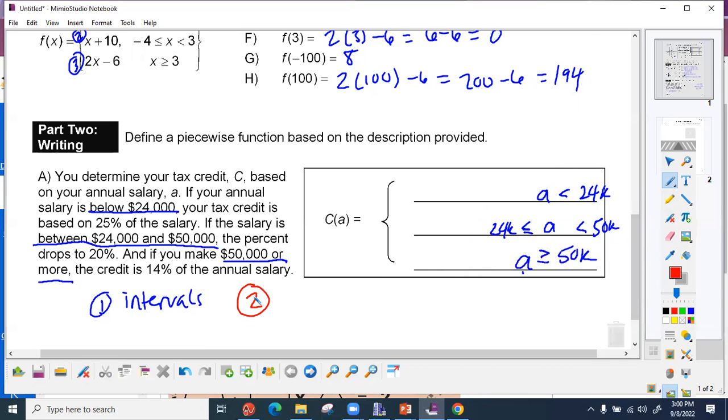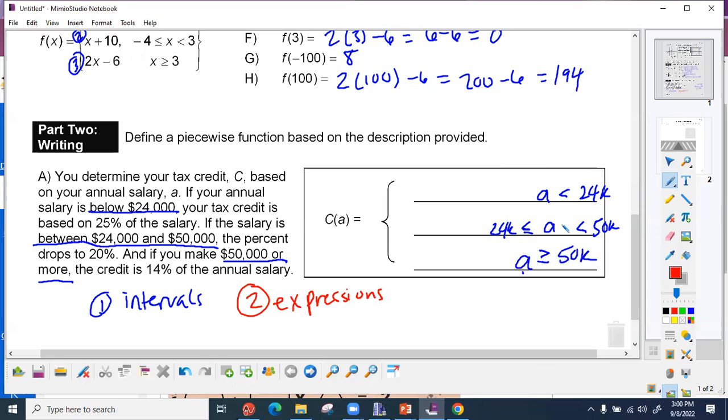Number 2 is now you're going to write your expressions. So what are the expressions for those intervals? When you are taking the percent of something, what mathematical operation are you doing? Multiplying, right?